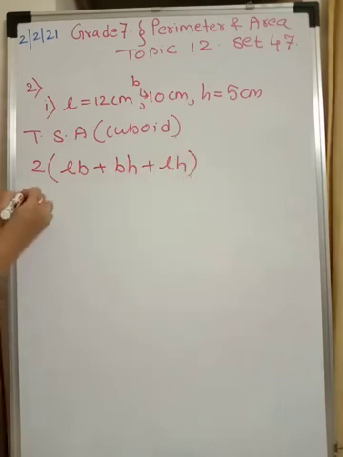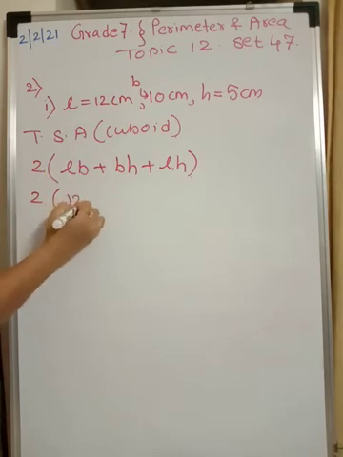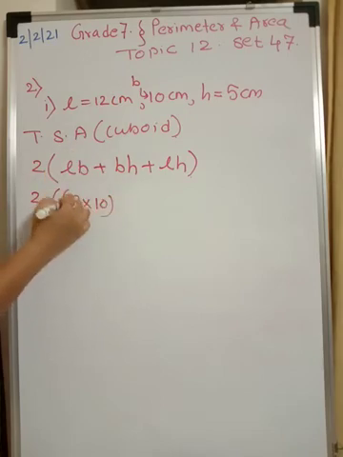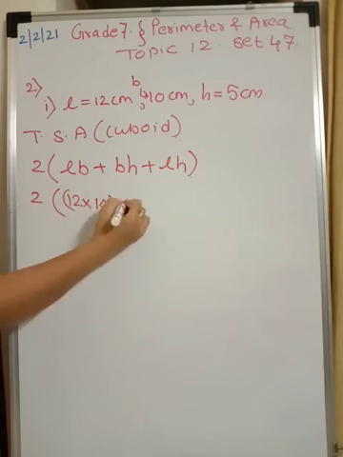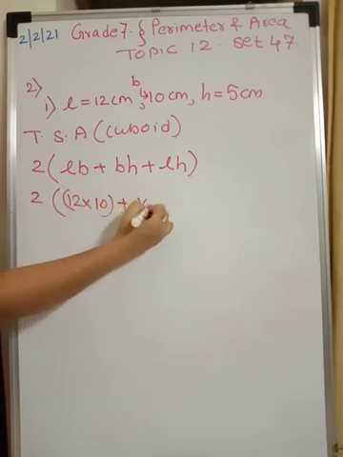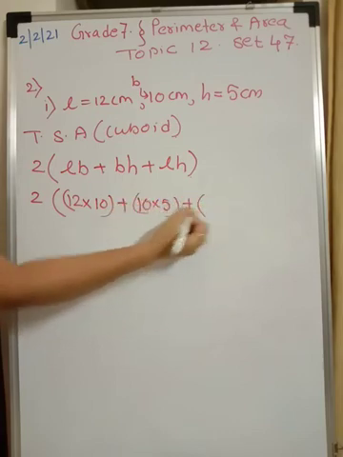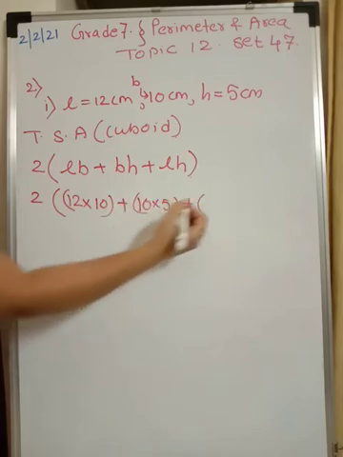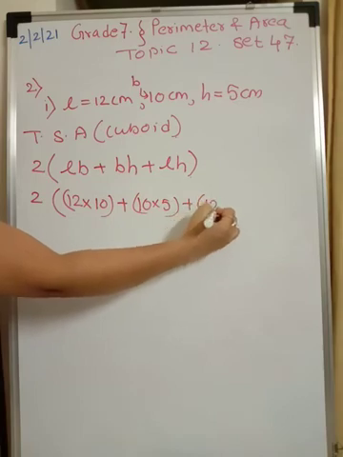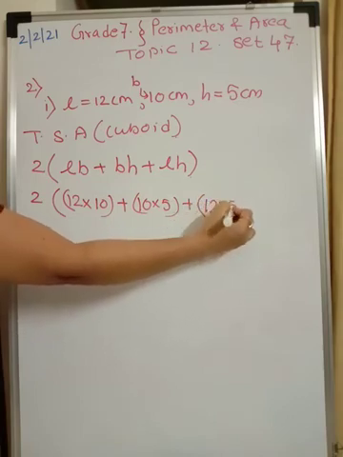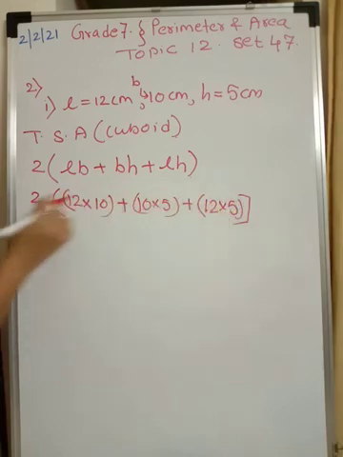Alright, so let us substitute: 2 in bracket, length 12 into breadth 10, plus breadth into height, so 10 into 5, plus length into height, that is 12 into 5, and then close the bracket.